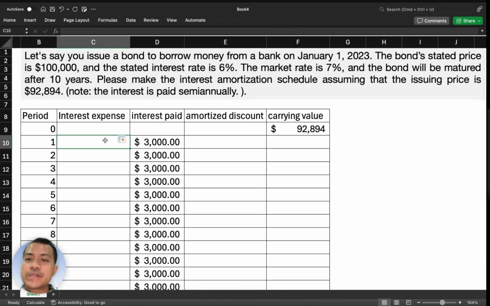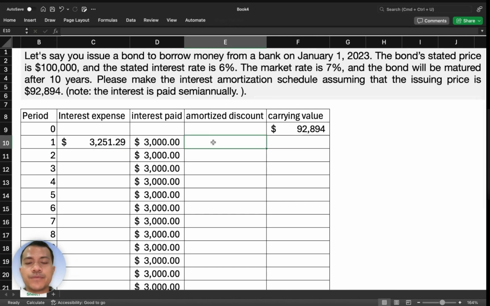But how do you calculate the interest expense? The interest expense is based on the carrying value of the previous interest payment, multiplied by the market rate, which is 7%, and then multiplied by half. Don't forget to multiply by half. So this number is 3,251.29.